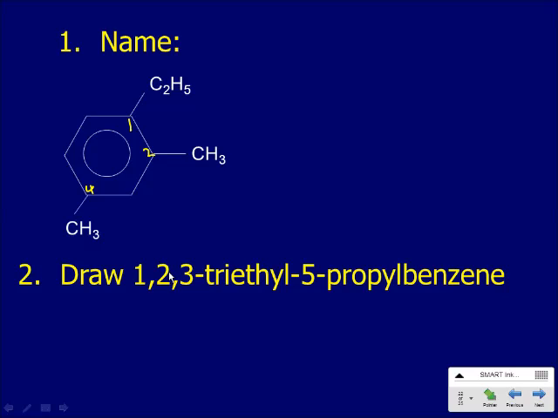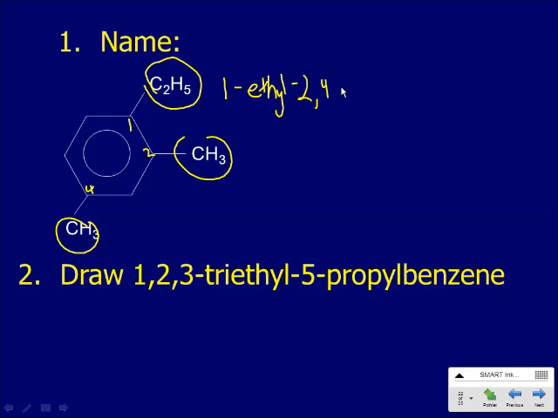We can't use the ortho, meta, para because there's 3 branches. So there's no way to kind of describe just the 3 branches. So here we need, again, alphabetical. Ethyl is going to be first. And then obviously I've got a dimethyl going. So I've got a 1-ethyl, and then I've got a 2 and a 4, a 2,4-dimethyl.